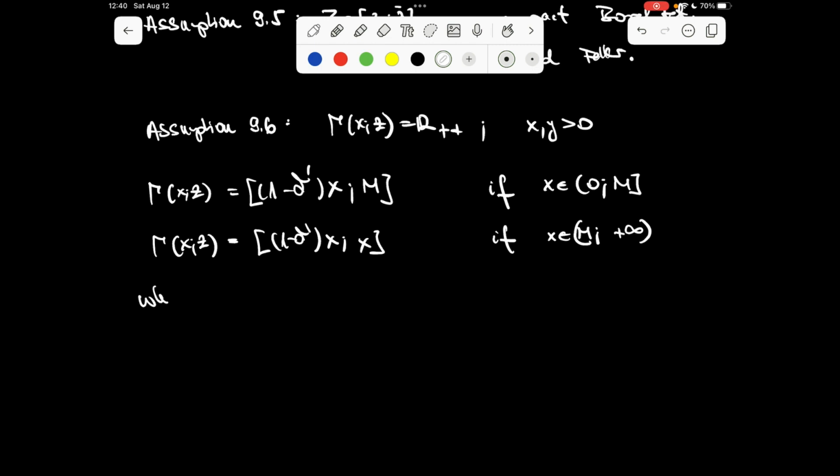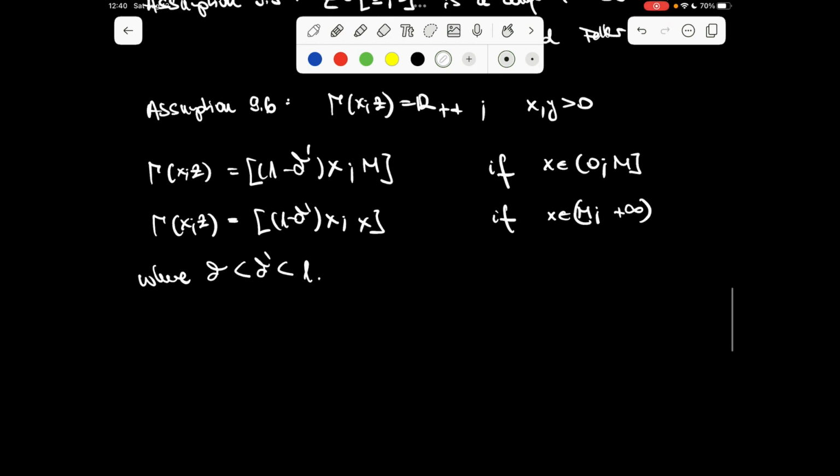Where this relation, regarding the depreciation rate, holds, and m is a very, very large positive number.